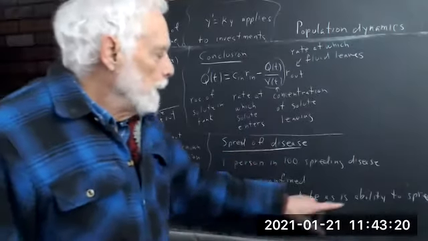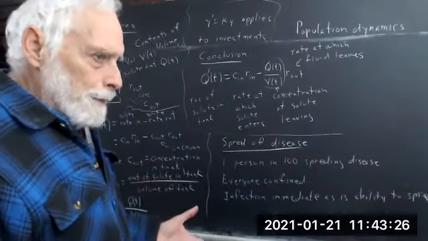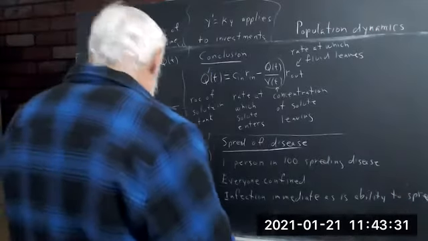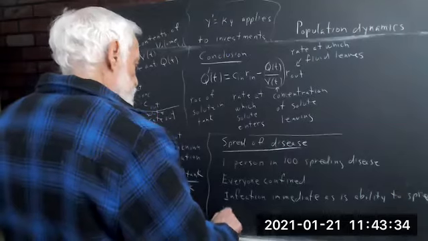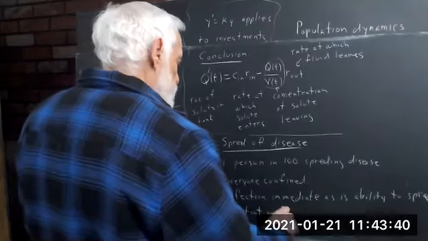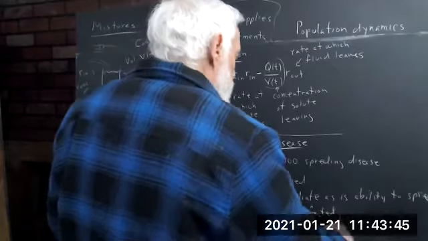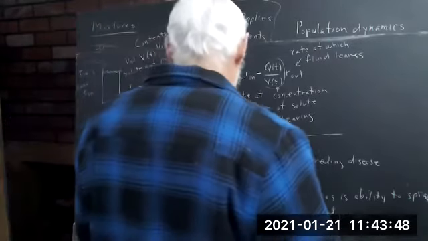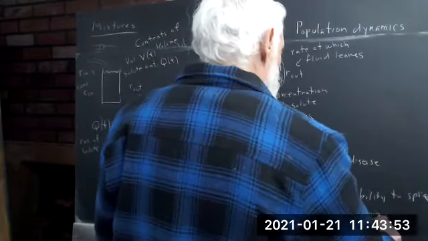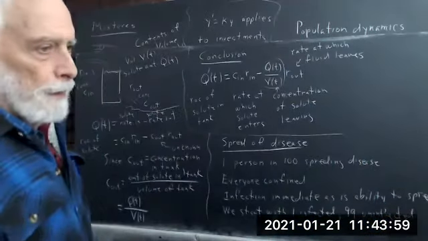Okay, infection is immediate, as is the ability to spread. Now, what transpires? Well, we start with one infected and 99 uninfected.